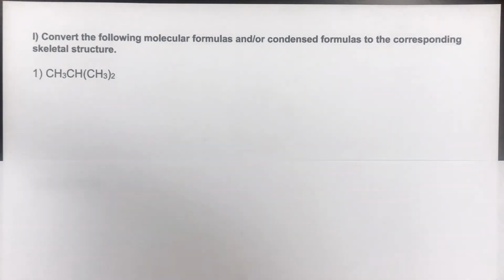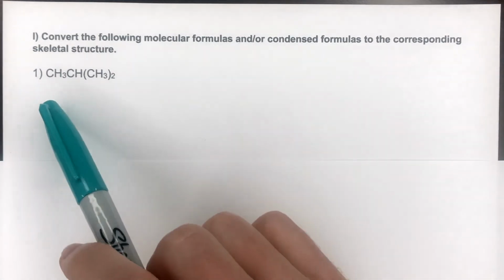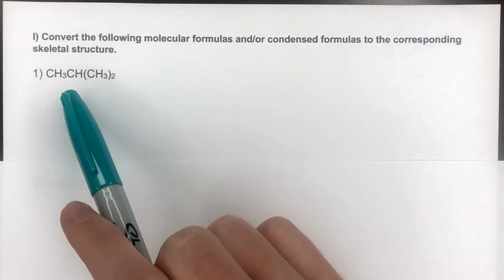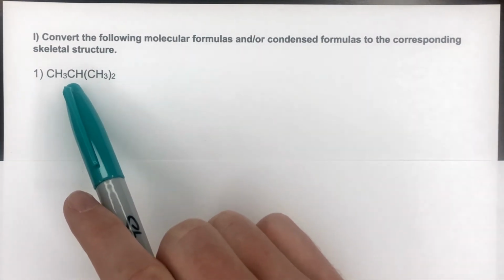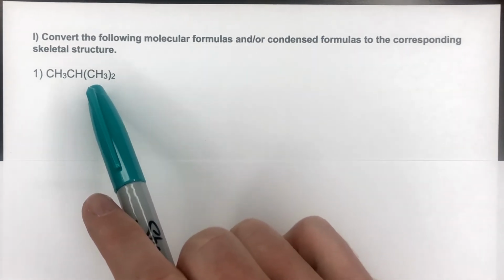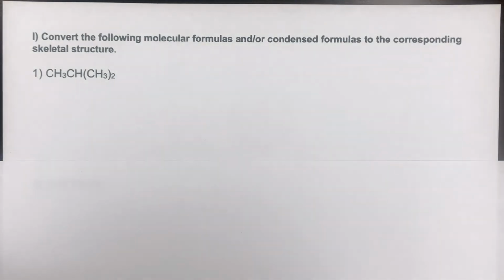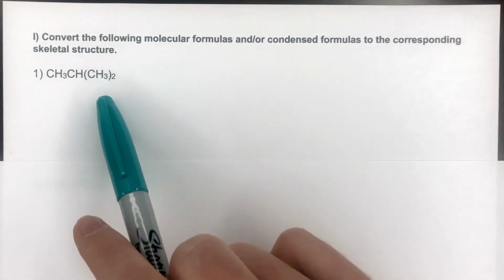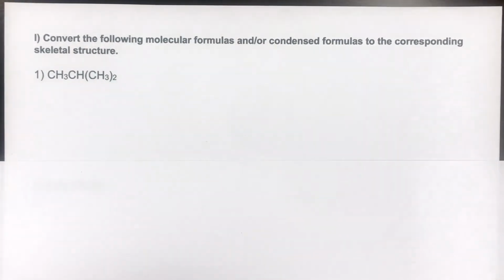So here, without drawing anything, it's clear that this carbon is bound to this CH carbon. This carbon is then bound to one of these CH3s, and then it's bound to the second CH3. Since they're both in parentheses, because there's two of them, parentheses means it's bound to the preceding atom. So this is how that would be.